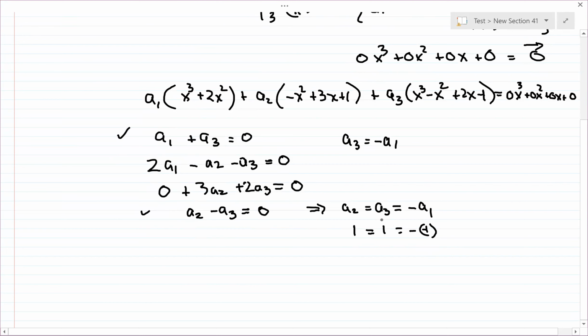Okay, so I'm trying to see if there's a non-zero solution here. So let me go through the usual approach, which would be to try to get everything in terms of A1. I would take this first equation, A1 plus A3 equals 0, and then I would take minus twice that equation and add it to this.